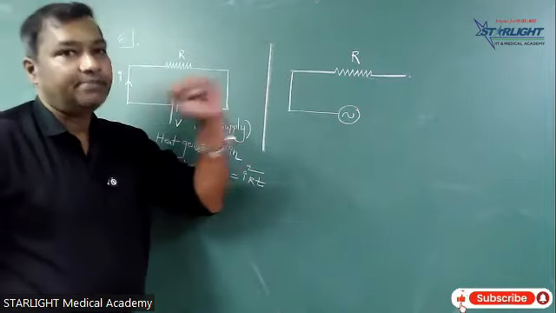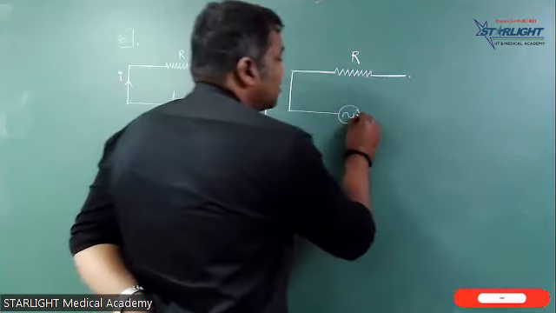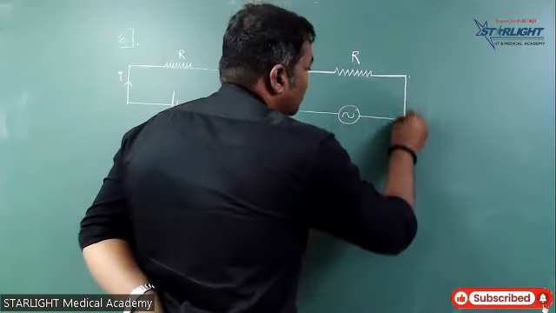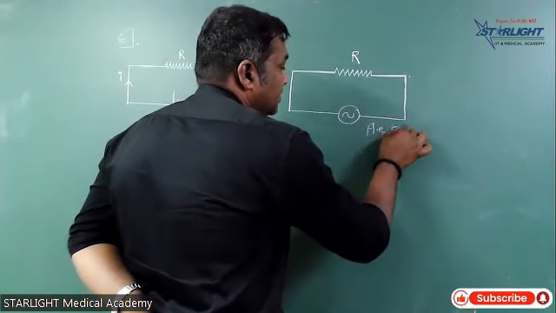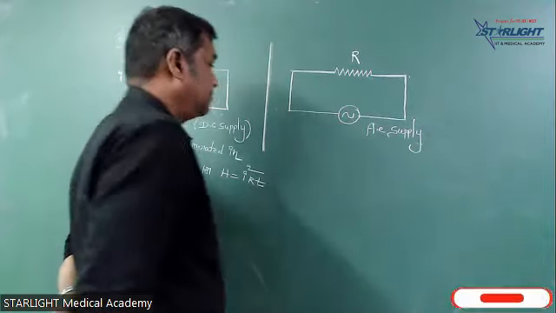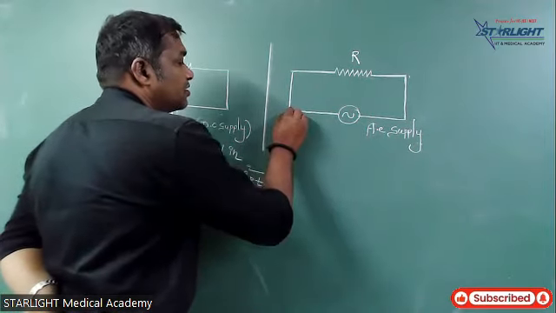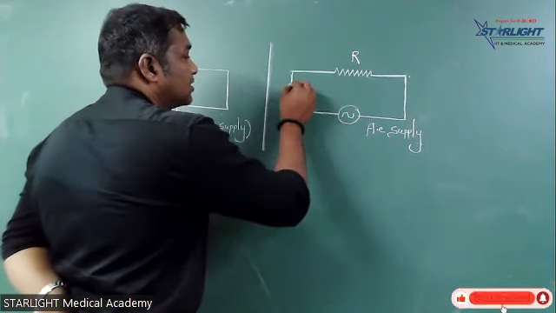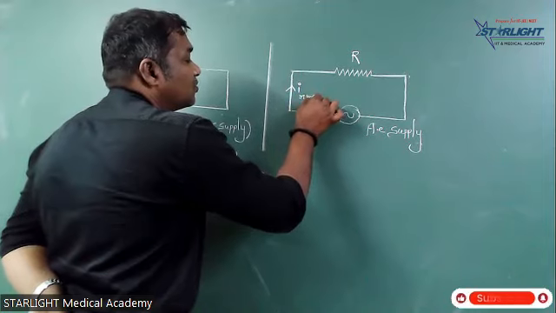Now this is AC supply, alternating current. Now in this situation we are discussing IRMS, root mean square current.